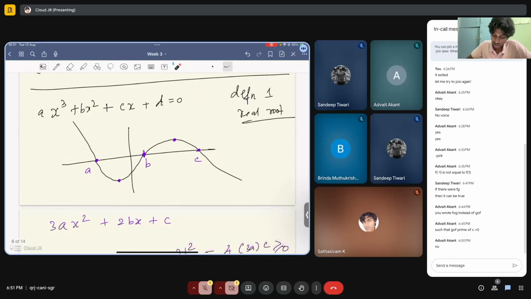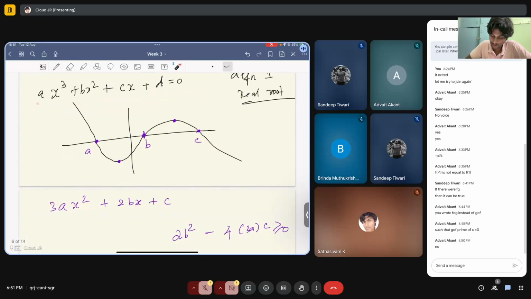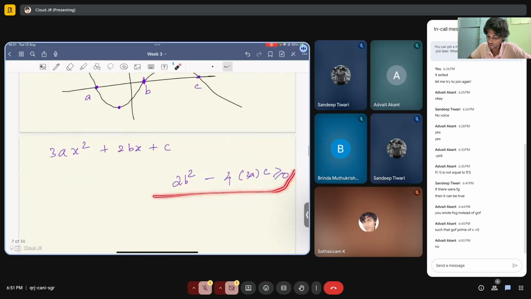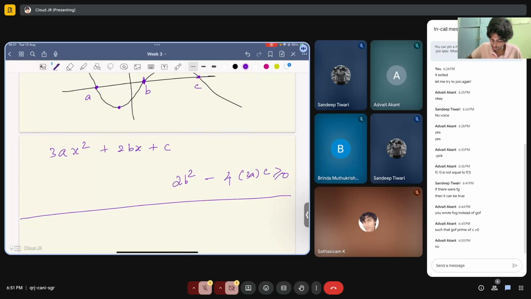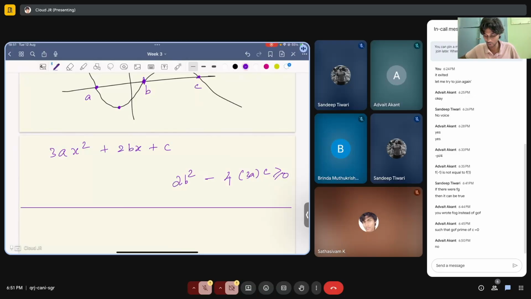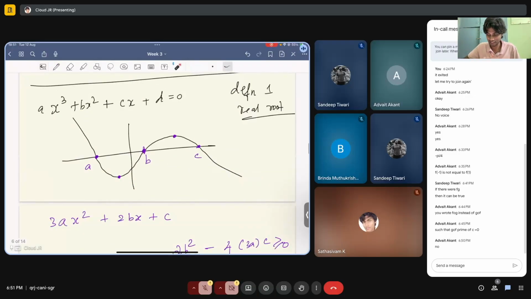But this part one can easily say: if you have three real roots, then your derivative should have two real roots, which tells you that the discriminant has to be positive. Otherwise, you cannot get it. So one side at least you can say. The converse, you maybe think about it. I didn't really think about it. Anyway, I don't want to go off on a tangent, so we will proceed with our problem.